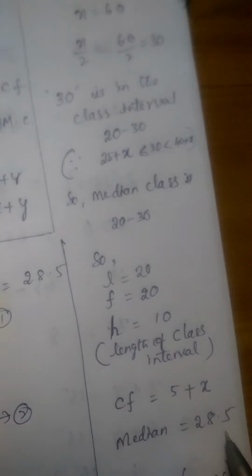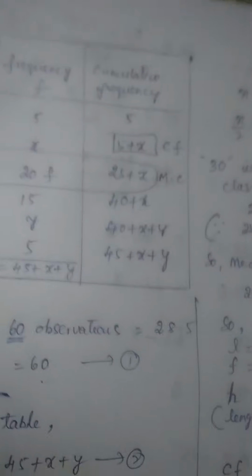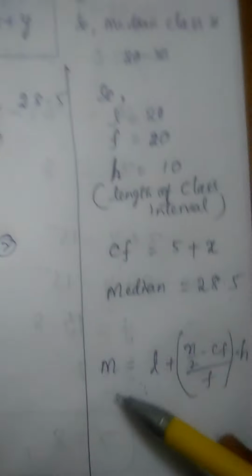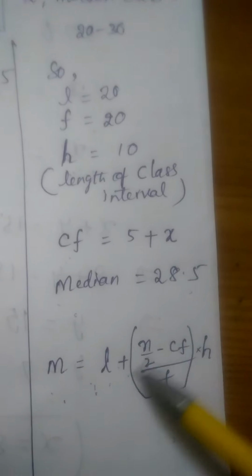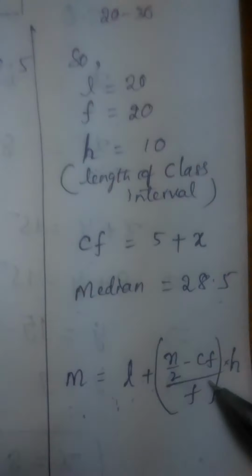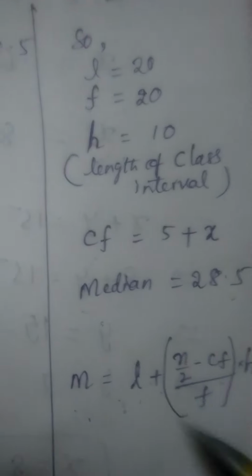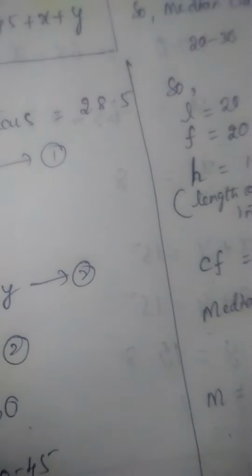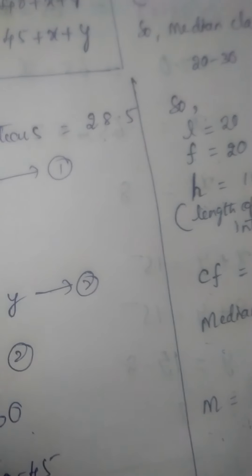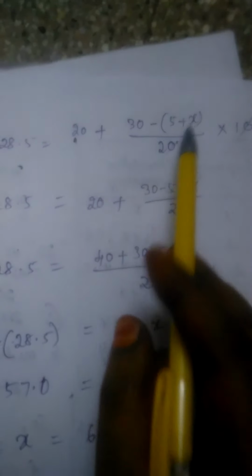Let us calculate the median. Median is given as 28.5. The formula is M equal to L plus n by 2 minus cf by f into h. Here we have all the values. Substitute them: 28.5 equal to 20 plus 30 minus 5 plus x, by 20, into 10.